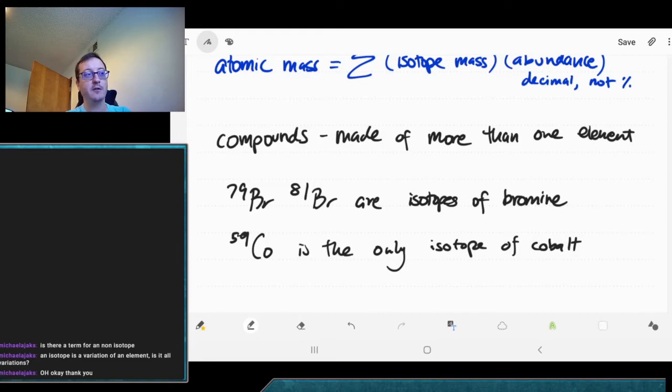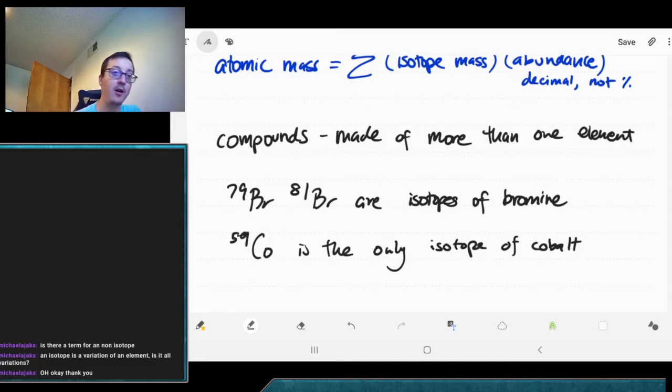So it's looking farther into it than we normally would. It's looking specifically at individual atoms that we would talk about isotopes. But since we mostly talk about things en masse, where we have all of the atoms at the same time, we don't typically talk about individual isotopes. Okay, cool. Good question.